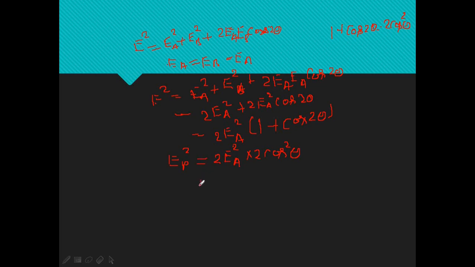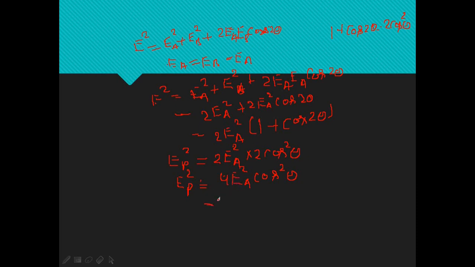Now this square goes to this side, then it's under root. Now this is 4 EA square into cos square theta. Clear, student? EP square. Now this square goes to this side, this is whole under root.